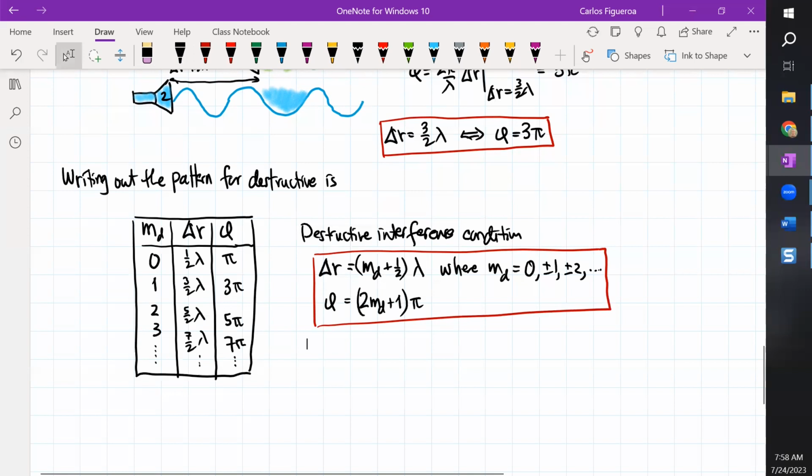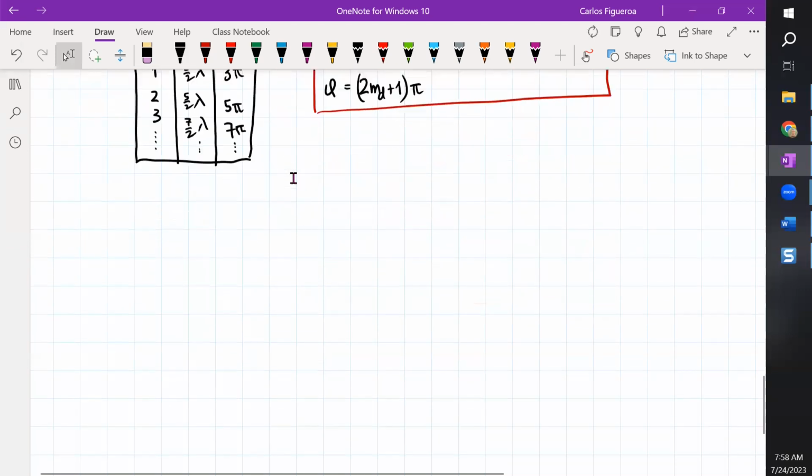Now what we want to do is define this in terms of intensity, okay? So now what I really need to look at is the intensity. Let me be careful.